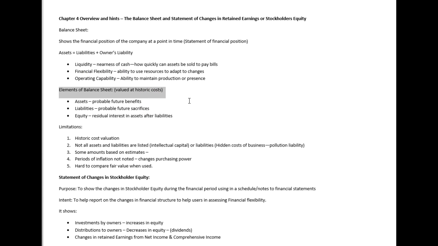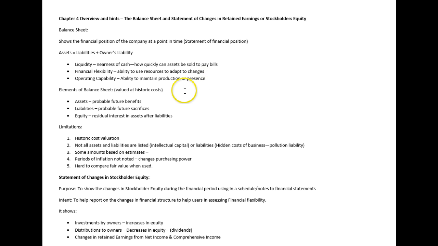That follows them throughout. What we use a balance sheet for is to look at liquidity, or the nearness of cash, how quickly we can sell short-term assets to pay for bills, and financial flexibility, the ability to use the resources to adapt to changes if there's a change in the economic climate.